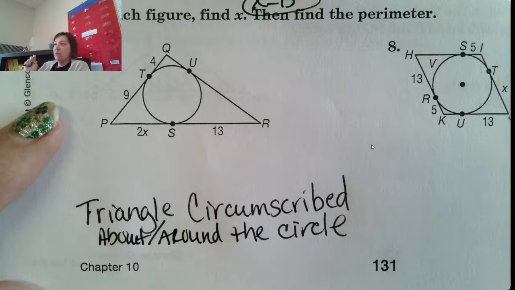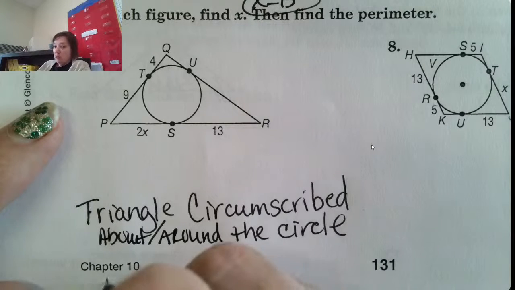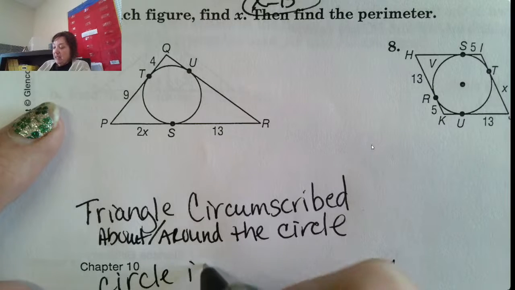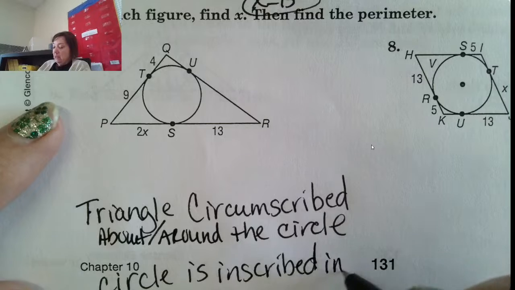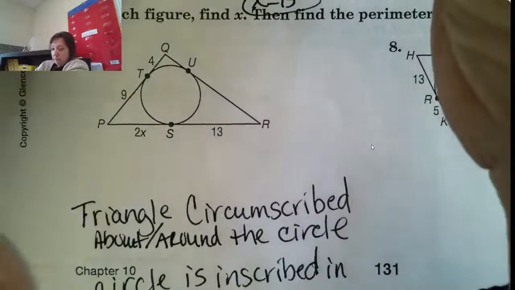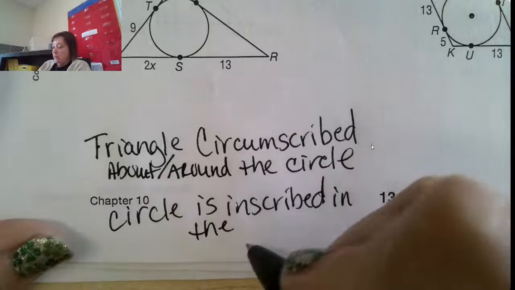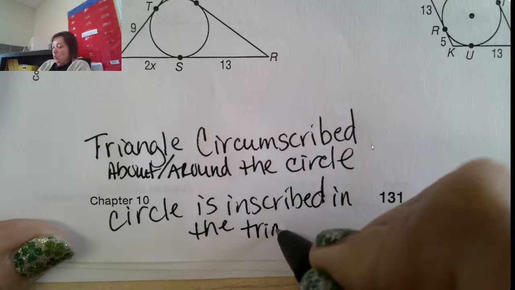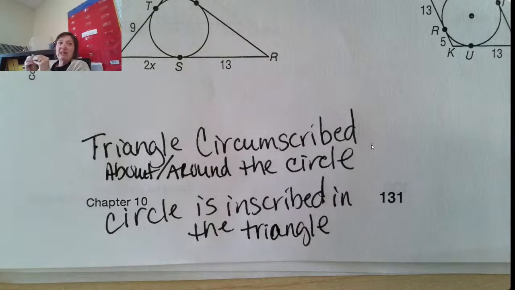Those are used interchangeably, okay? Or you could switch it around and say that the circle is inscribed in the triangle. Inscribed refers to the shape being inside another shape. Circumscribed refers to the shape being outside of another shape.